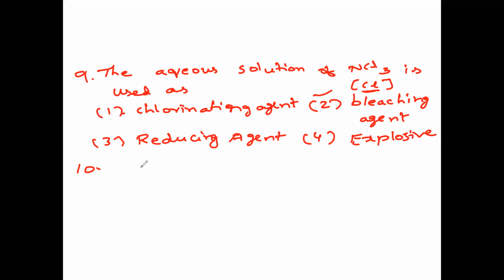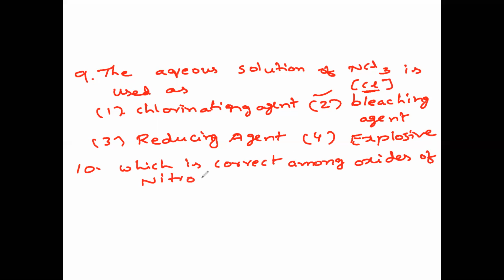The following are some statements. Which is correct among the oxides of nitrogen? From oxides of nitrogen, we get many questions. This is a previous JEE Mains question. First statement: N2O molecule is linear.